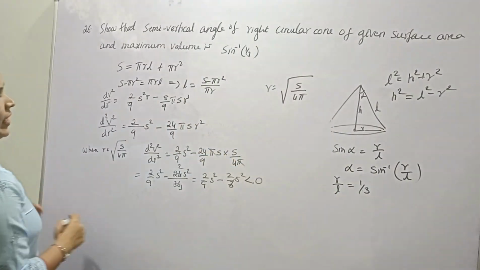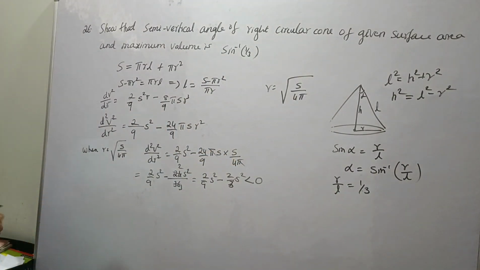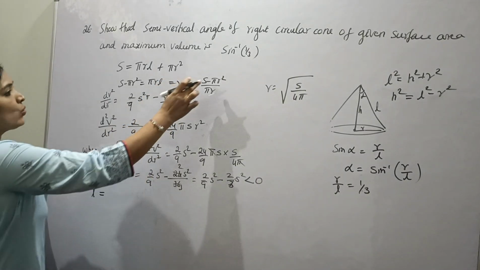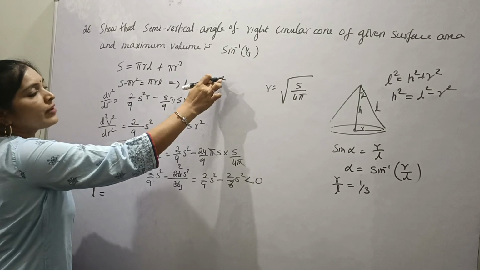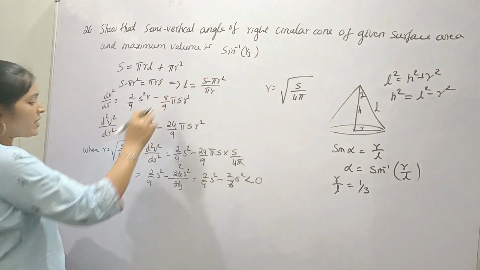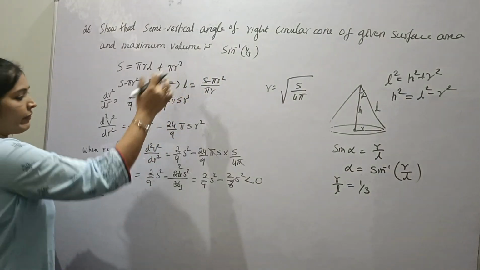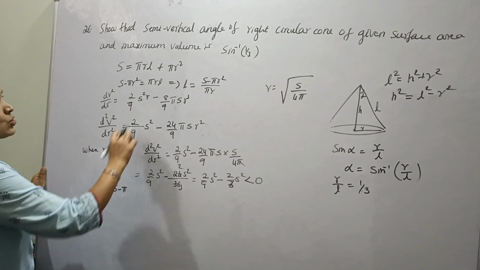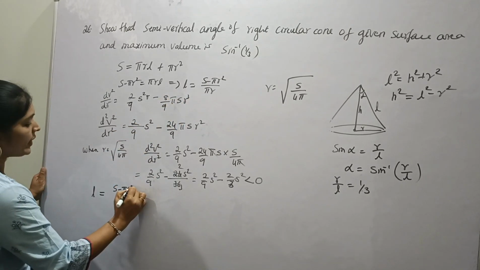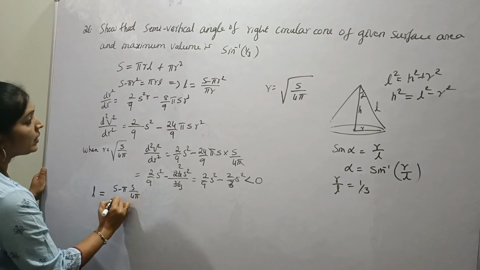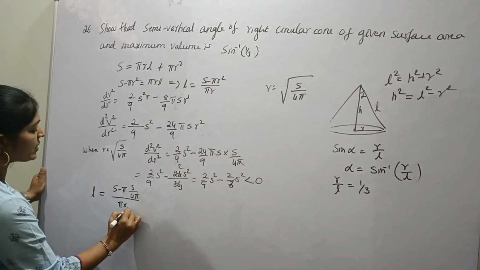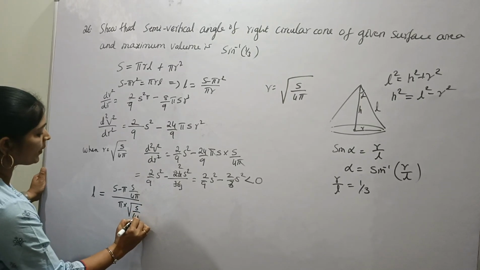So let's find r by l. What is l? Let's find l. Here we have to substitute our value of r, that is, value of r is root of s by 4 pi. L is equal to s minus pi r square, that is s by 4 pi divided by pi into r, which is root of s by 4 pi.